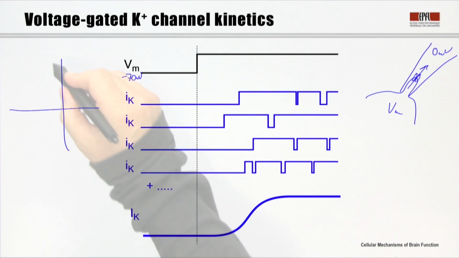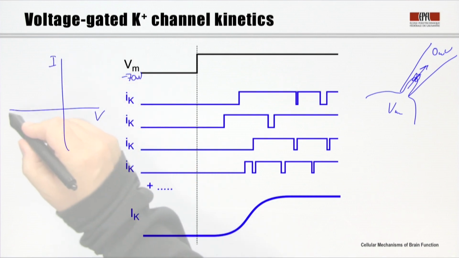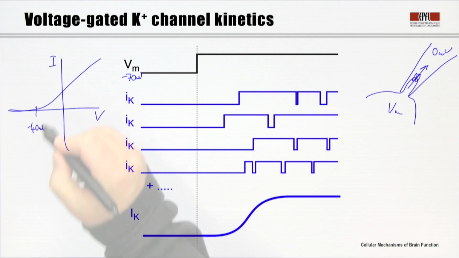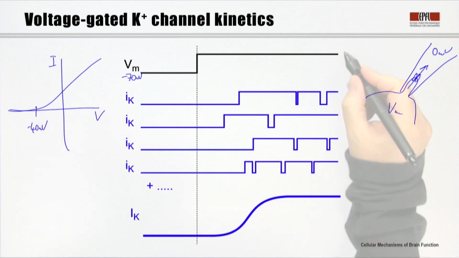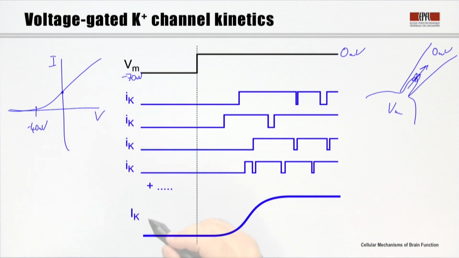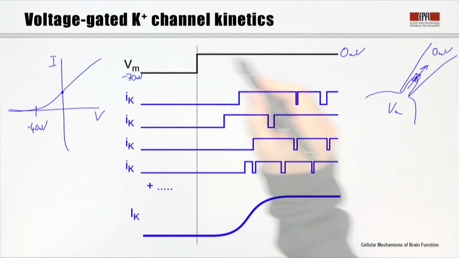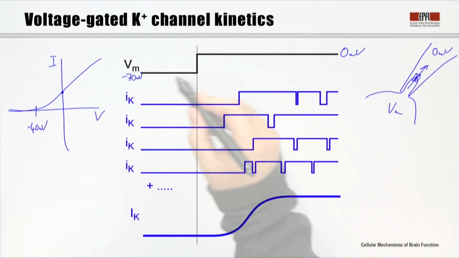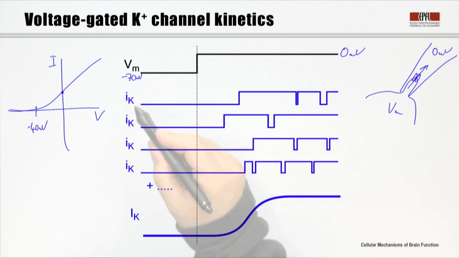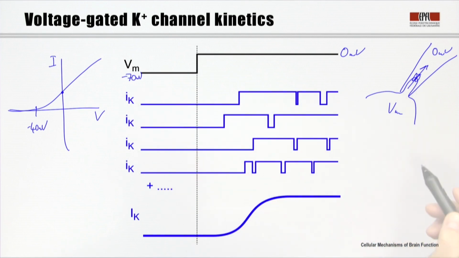We have our characteristic current-voltage relationship, which is closed until somewhere around minus 40 millivolts. We jump to 0 millivolts, we have an outward driving force, and we now study what happens at the level of single channels as we make that jump in voltage from minus 70 to 0 millivolts. Here we're looking at the single channel current through our patch electrode.